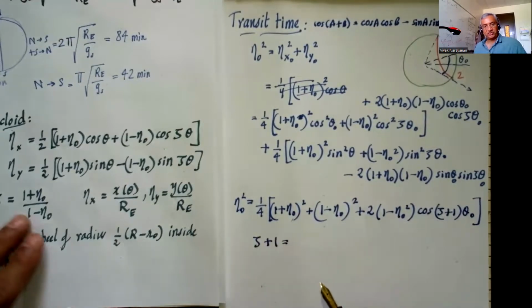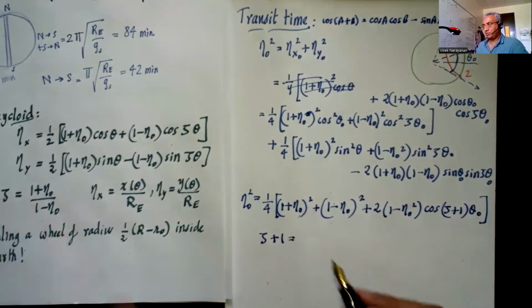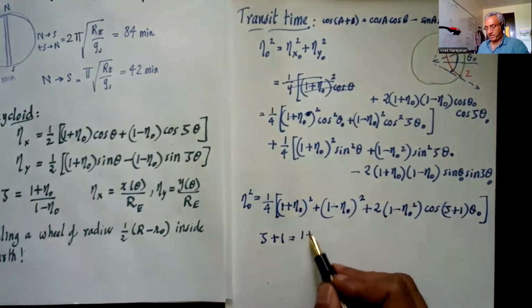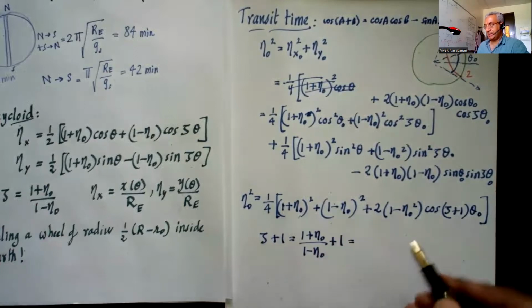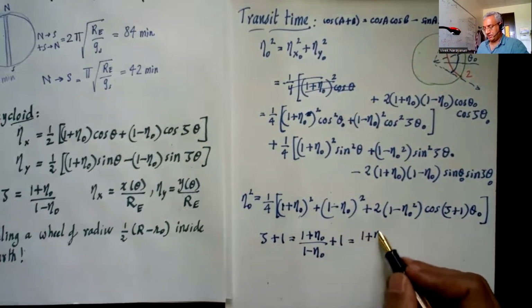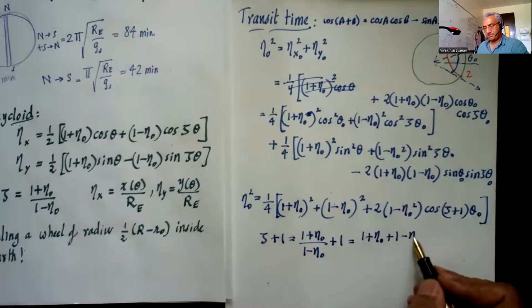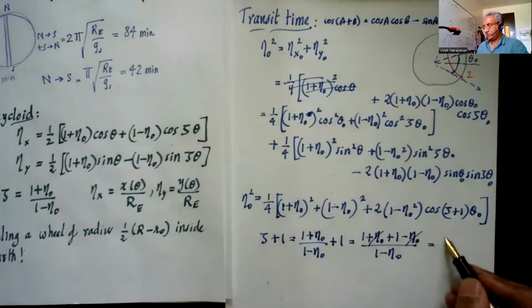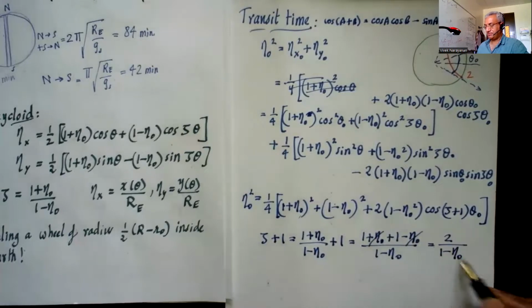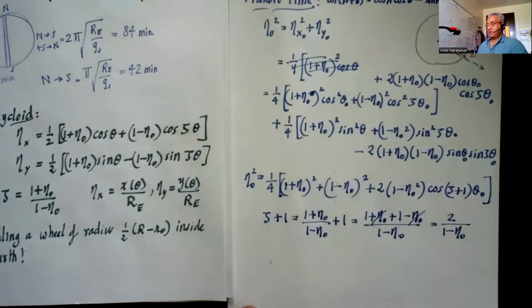Okay, so now we have to find out what zeta plus 1 is. Zeta is this. So zeta plus 1 is (1 plus eta naught) over (1 minus eta naught) plus 1, which, taking the common denominator, gives me 2 over 1 minus eta naught. Finally, what have we got?